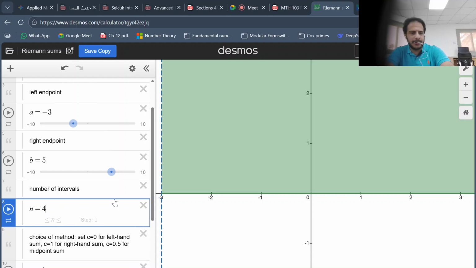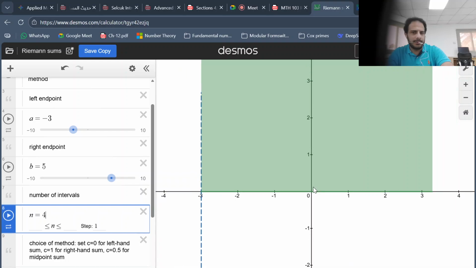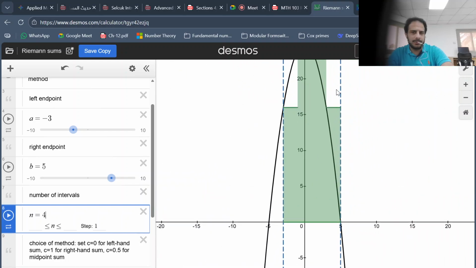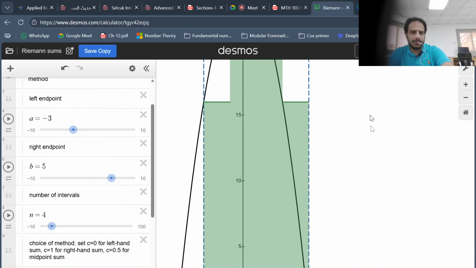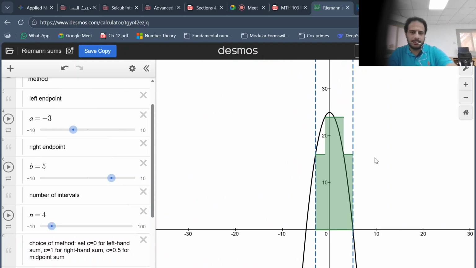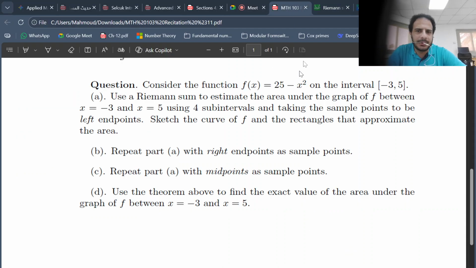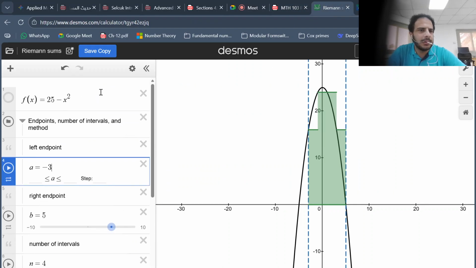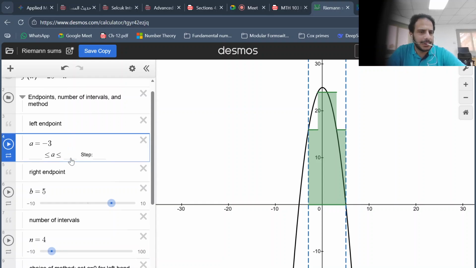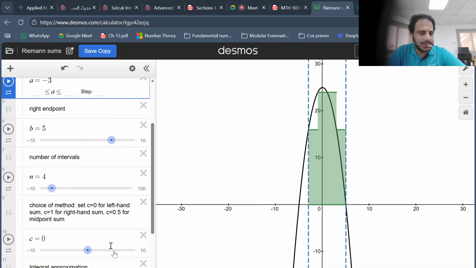Choose it to be 4. So 25 minus x squared, right? Yes, it's right. Minus 3 to 5, then number of rectangles 4.